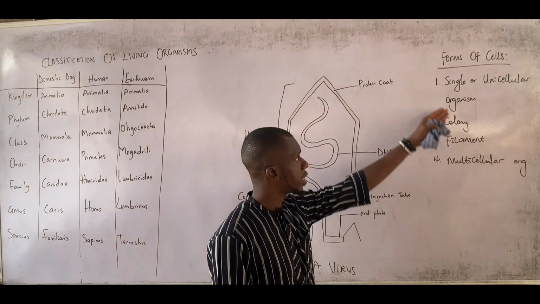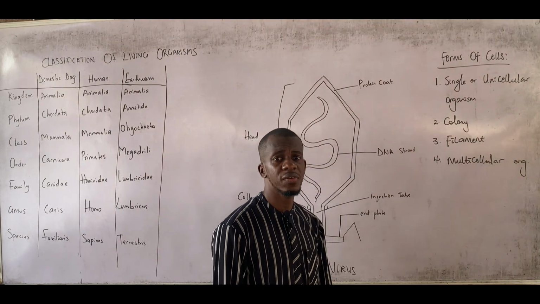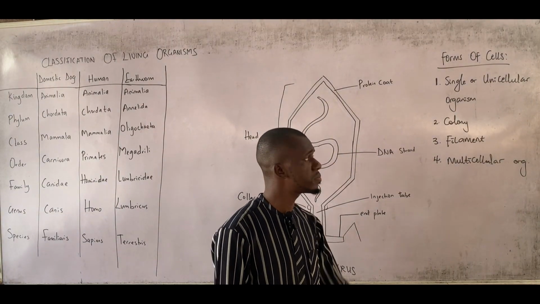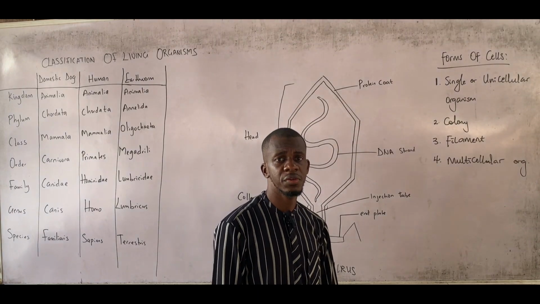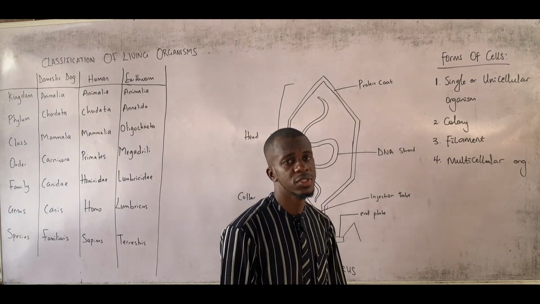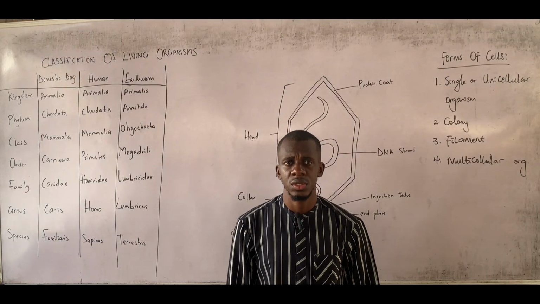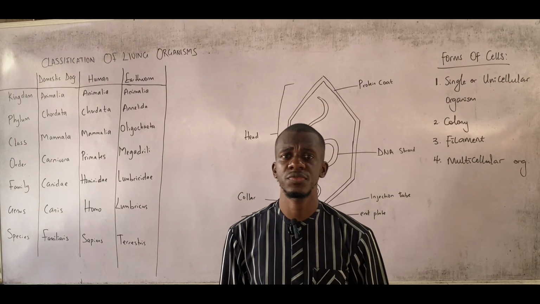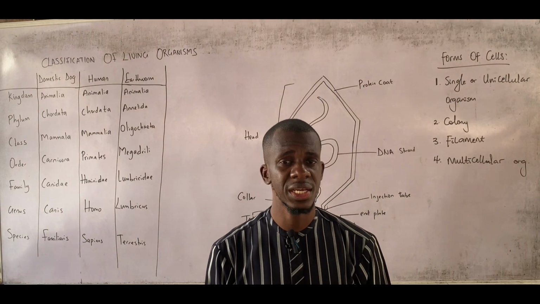All right, so we have single or unicellular free living organisms. We have them in form of colonies, in form of filaments, and lastly multicellular organisms. These are the four recognized forms in which cells may exist.